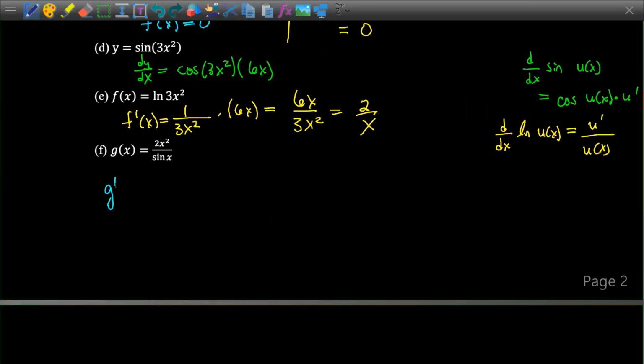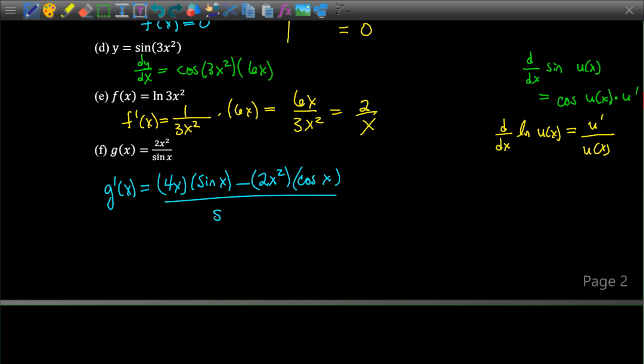So g prime is going to be the derivative of the numerator times the denominator minus the numerator times the derivative of the denominator. This is all divided by the denominator squared. So sine squared of x.